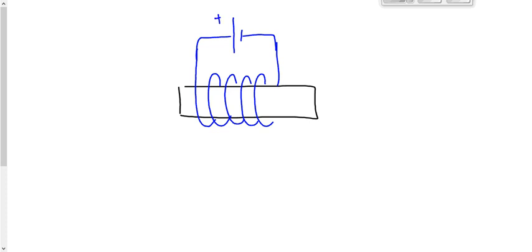This is a positive end, this is a negative end. If I'm dealing with the electron current, which way is it going to go? This way or this way or the other way? First way or second way? It's going to go the first way, right? So that means it's going to go down in the back, up in the front, down in the back, up in the front. All right, see what you can do.